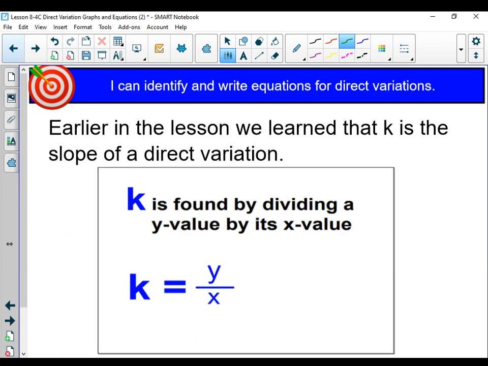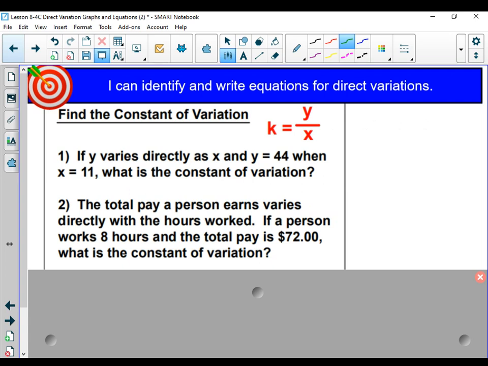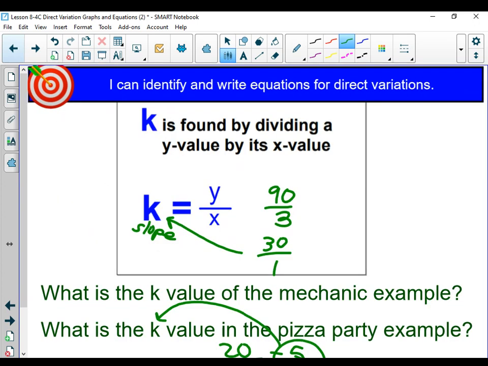What if, then last box: if y is 44 and x is 11, so what did we just write?